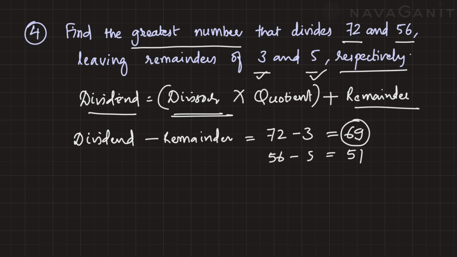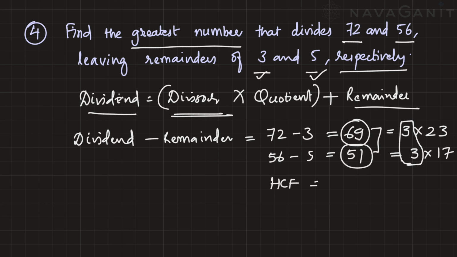So these are effectively my dividends after subtracting the remainders. Now I need to find the highest common factor between these two, 69 and 51. 69 is 3 multiplied by 23, and 51 is 3 multiplied by 17. So I can clearly see that 3 is common to both. So the HCF is 3, and that common factor is itself the greatest number.